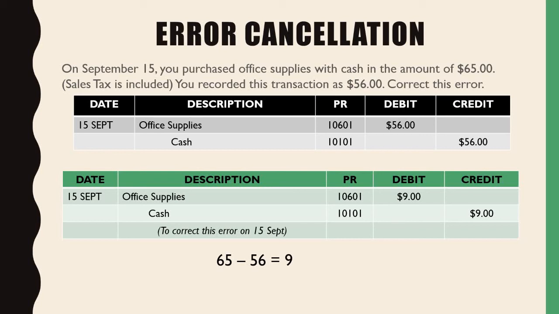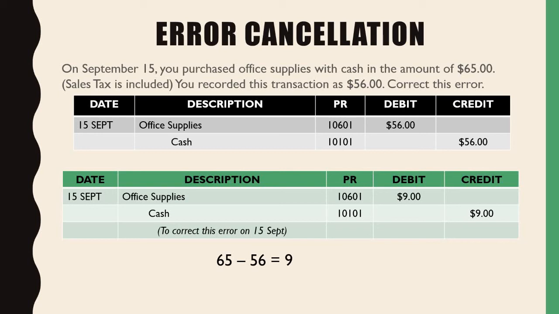And in this case, I am short in my supplies because I recorded too little when I'm supposed to have more. So once again, you can use this if you are trained enough to determine which accounts need more and which accounts need less.